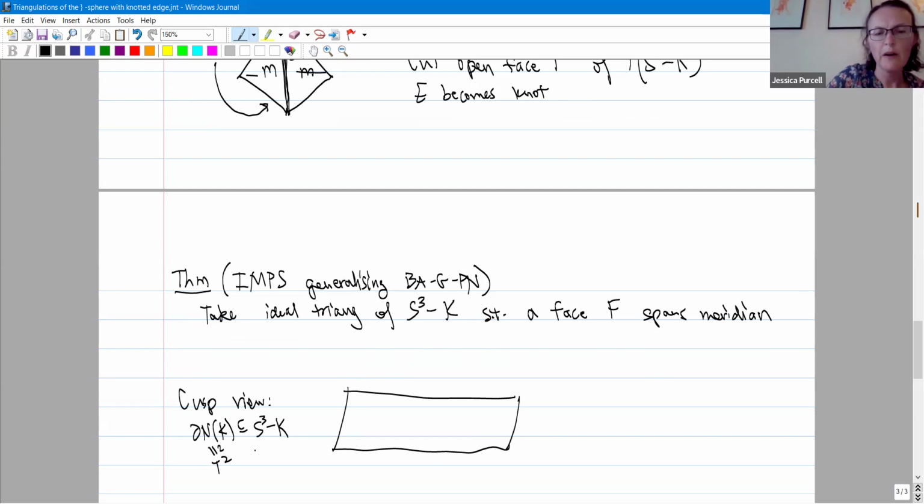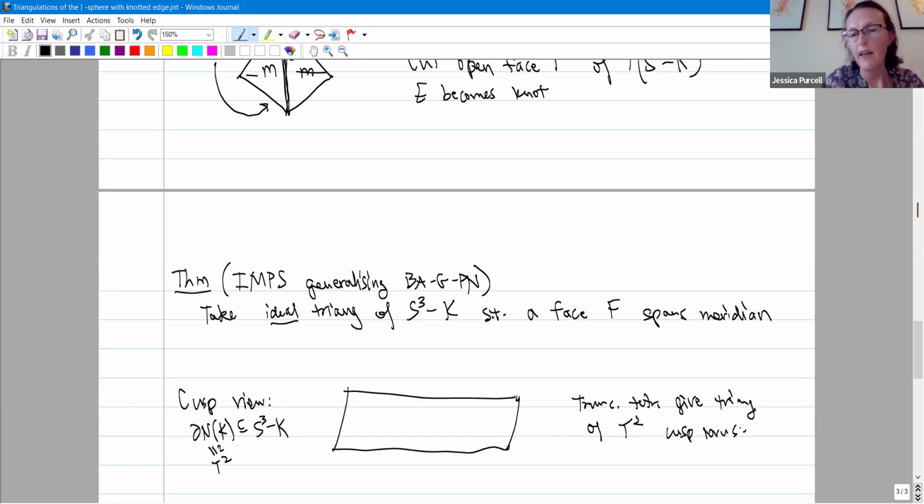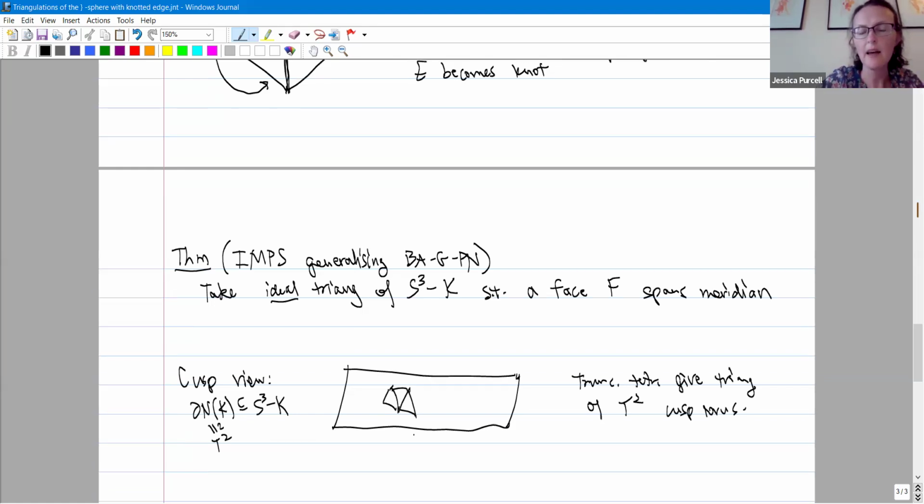And you're taking an ideal triangulation, which means that if you truncate all of the tetrahedra, the truncated tetrahedra give a triangulation of this cusp torus. You'll have a bunch of tips of tetrahedra poking in here, but you require that one of the faces of these triangles runs across an entire meridian. And this is your face F.